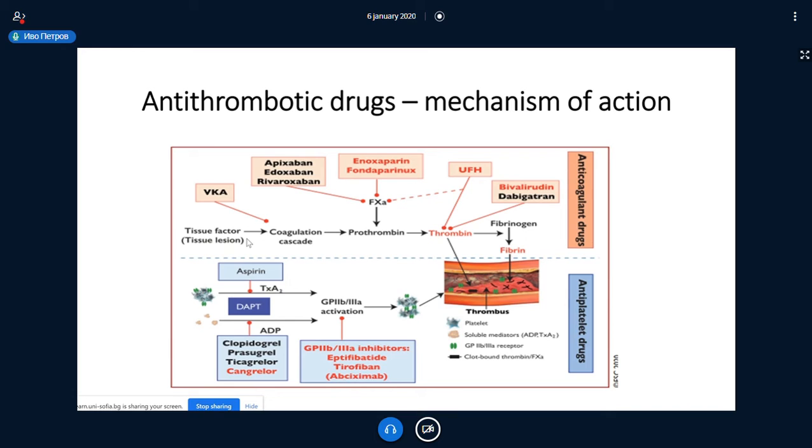So the two mechanisms are very important, because without platelets there is no thrombus, because in fact the platelets are the crucial points at which the fibrin molecules are linked to each other with the help of the platelets. So the prevention of both mechanisms is very important.